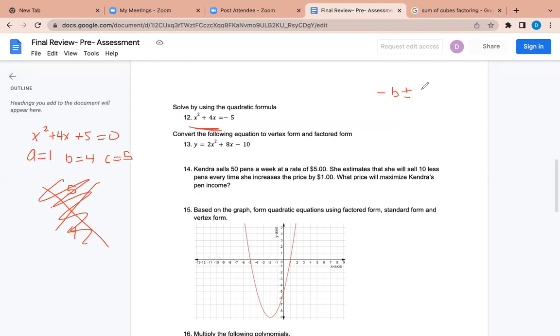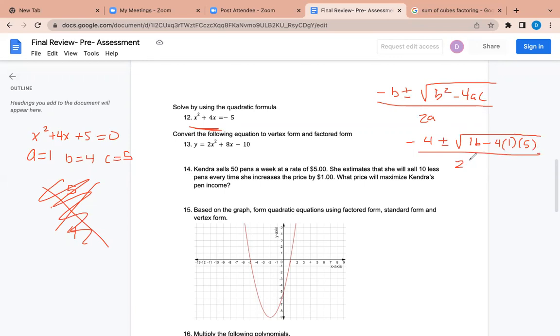So it would be -b plus or minus the square root of b squared minus 4ac all over 2a. So -4 plus or minus the square root of 16 minus 4 times 1 times 5 all over 2 times 1. So this is what? -4 plus or minus, 16 minus 20 is -4, all over 2.